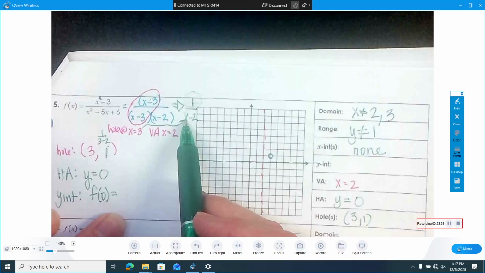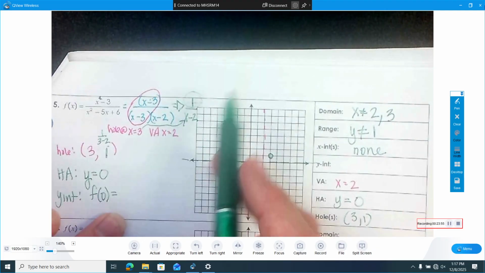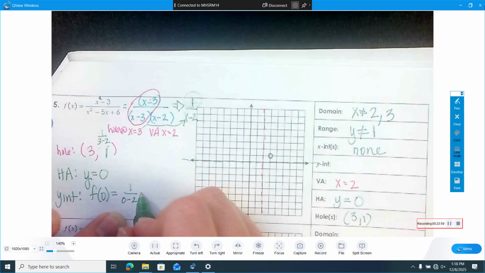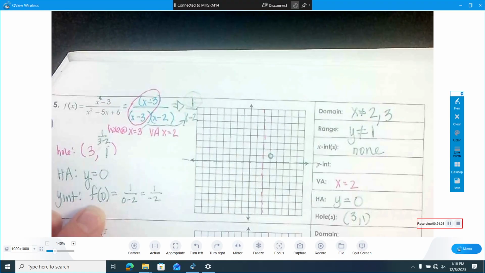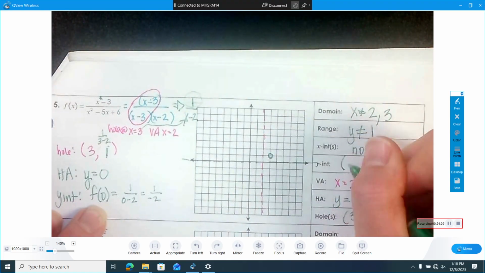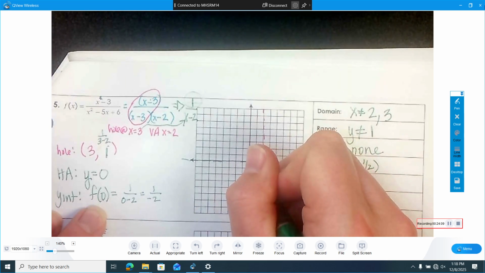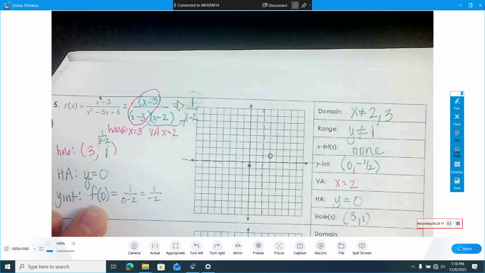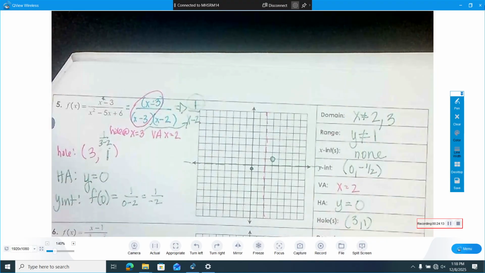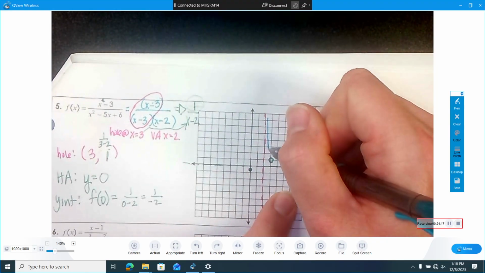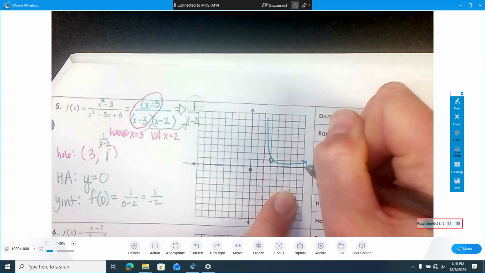The end seems a little easier. 1 over 0 minus 2, we get 1 over negative 2, negative 1/2. So the y-intercept is 0, negative 1/2. Right there is the y-intercept. To graph these, I know that a rational function typically has an L shape, so it's going to look something like this.